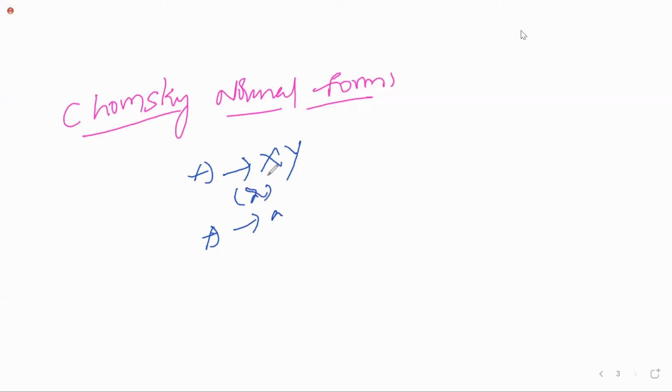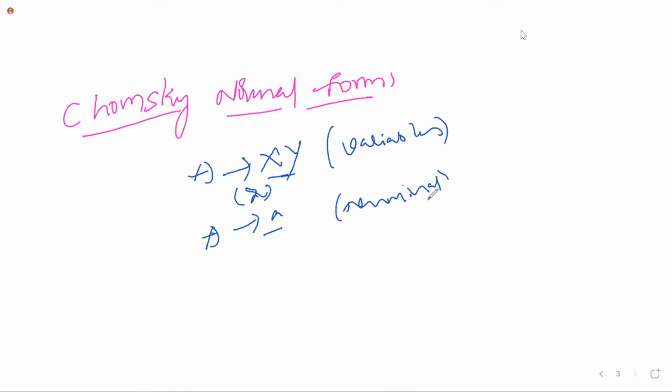Chomsky normal form is free from epsilon, and every production must be in the form A to XY or A to a. Here X and Y are both variables, and here a is a terminal.